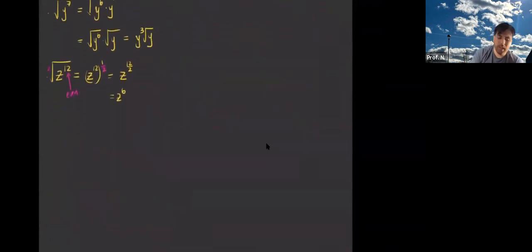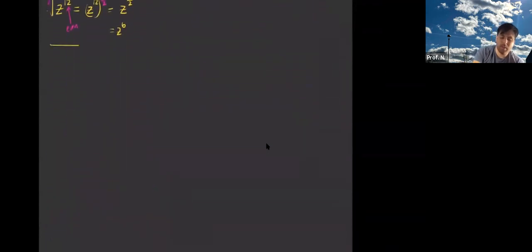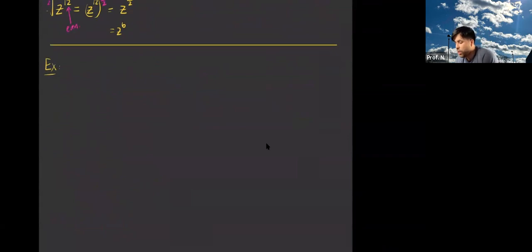All right, let's do one last one and we'll call it a day for today. Instead of square roots, I'm going to give you cube roots. So for example, how do you break down the cube root of 8a to the 8th power, b to the 11th power, and c to the 15th power?